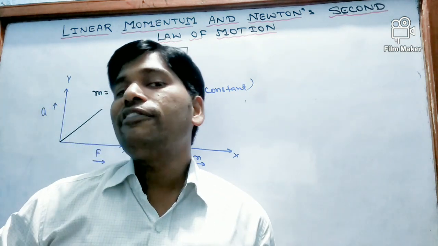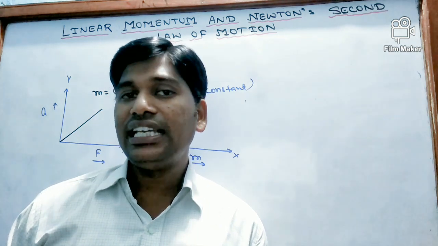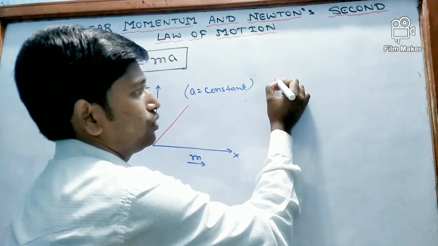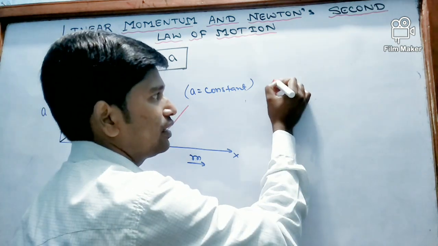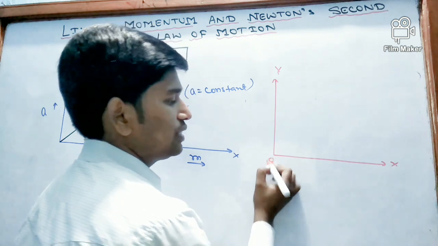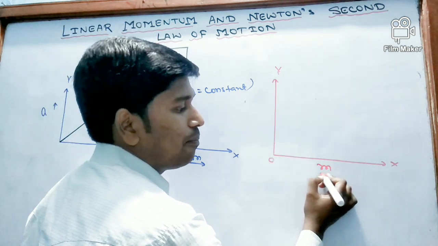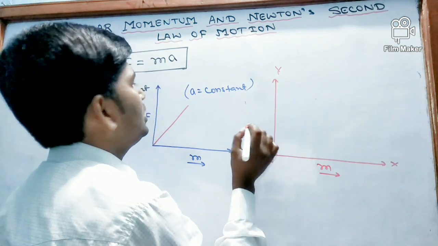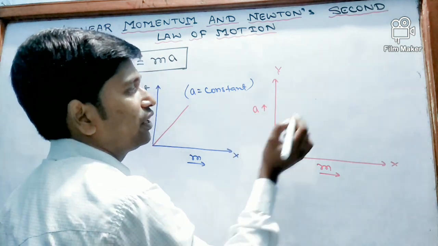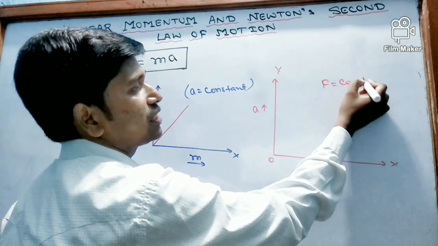Next, one more graph we can see: the graph between mass and acceleration, keeping the force constant. Again, two axes we will take: along the x-axis we will take mass, and along the y-axis we will take the acceleration of the body, keeping force constant.